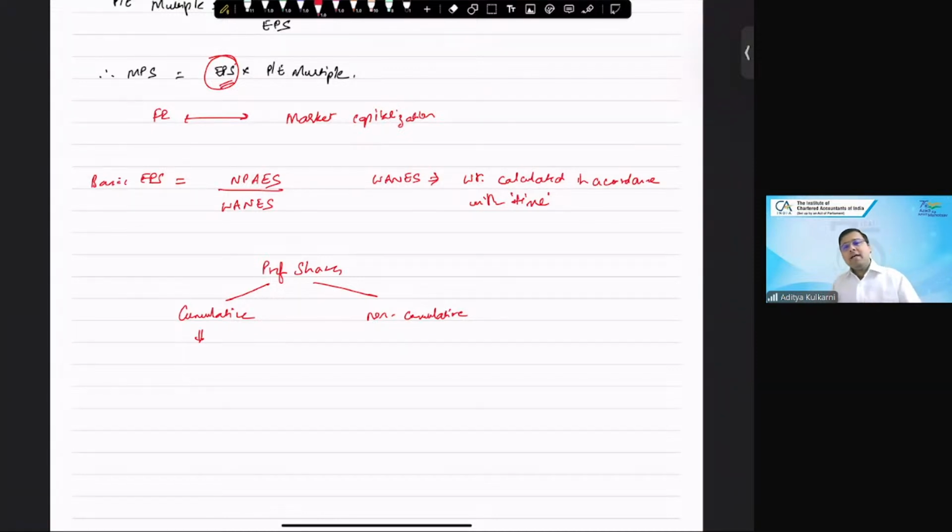So when you are going on creating the liability year after year, can I say that when I calculate the net profit attributable to equity shareholders, this net profit will already have the impact of cumulative preference dividend? Yes.